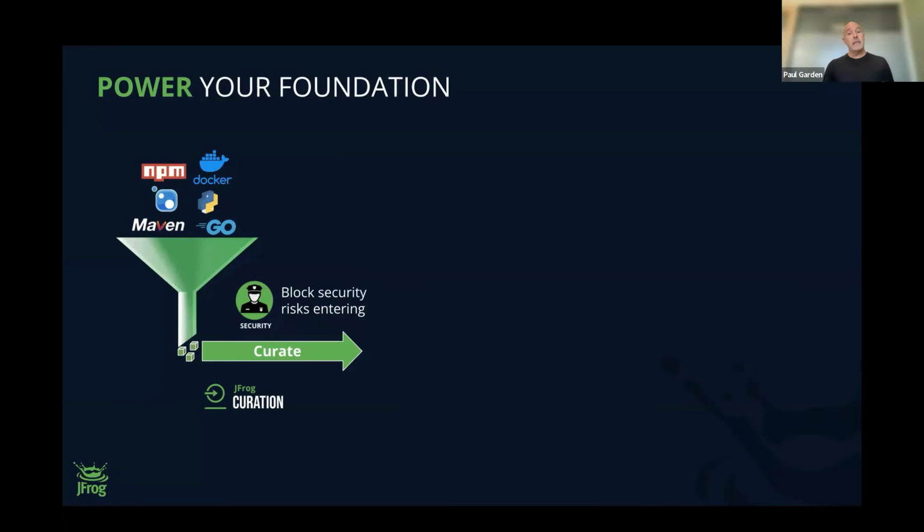We look at the metadata for the package that the developer is looking to use, and we compare that against the policies. So we don't even pull the package into your organization unless it meets the policy requirements that you've already set up. So we're policing the packages before they get into your organization. That's what we feel sets you up with a powerful foundation for your software development process.